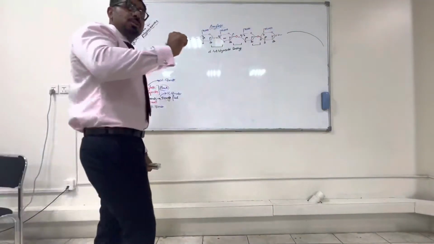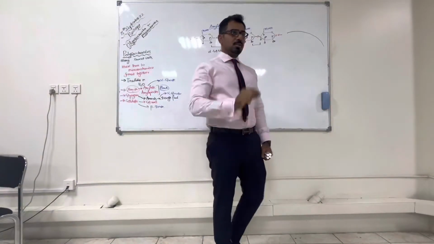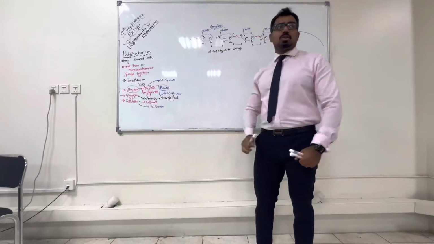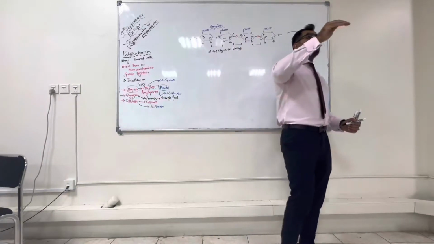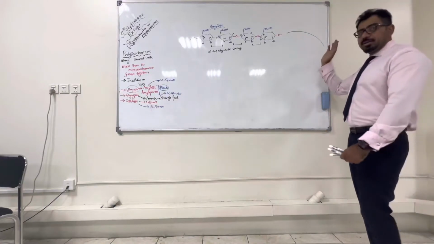So starch does not have straight fibers. When these alpha-1,4 glycosidic linkages are made, at every linkage there is an angle that makes it bend.